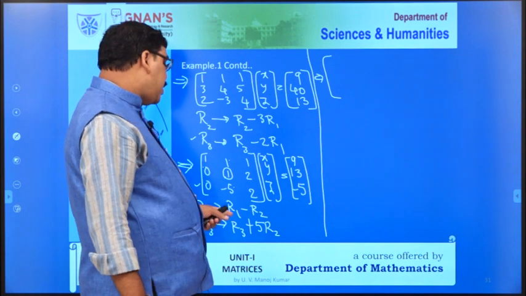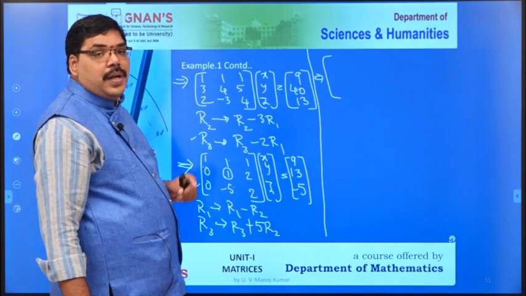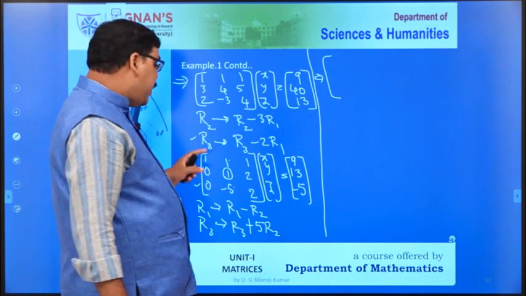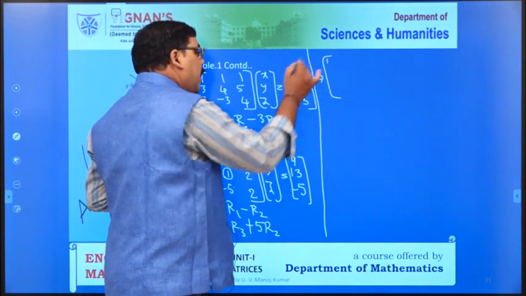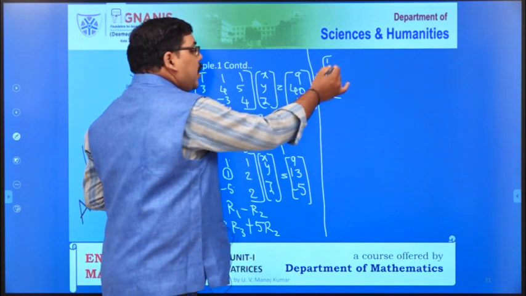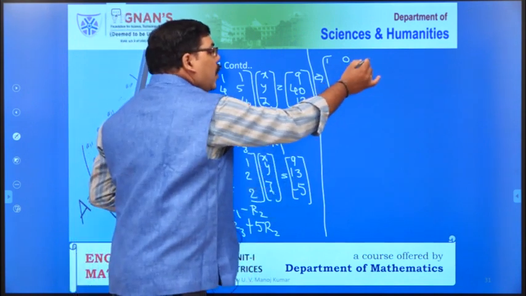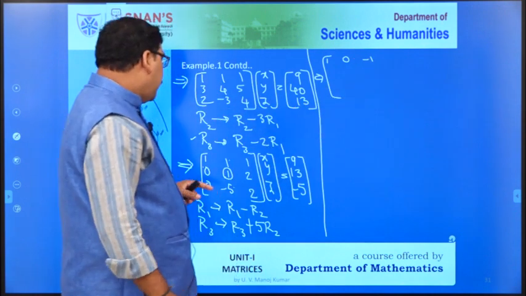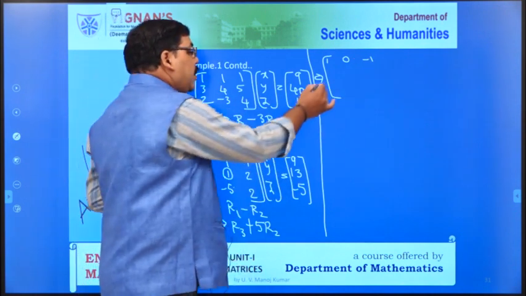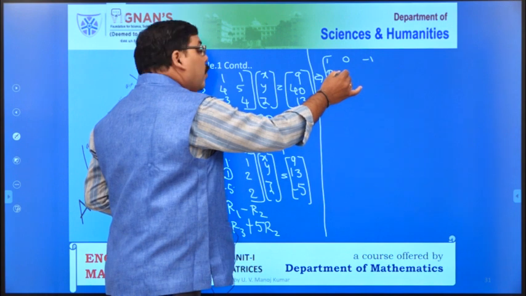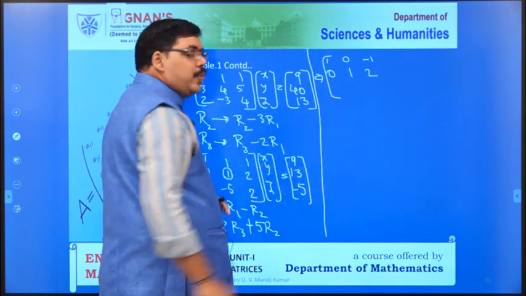R1 minus R2: 1 minus 0 is 1, 1 minus 1 is 0, 1 minus 2 is minus 1. Second row is not changing: 0, 1, 2.